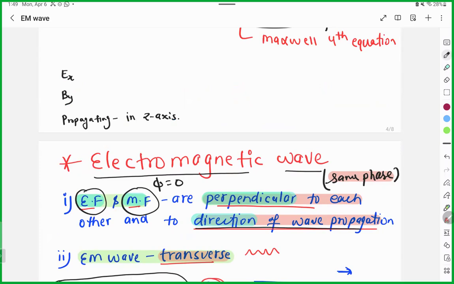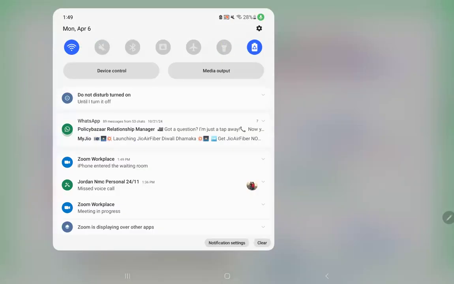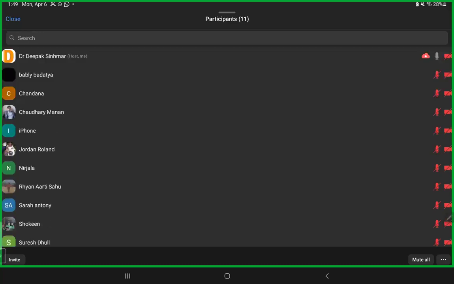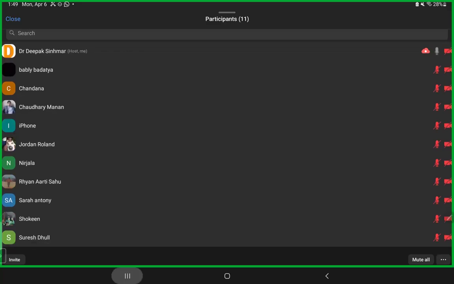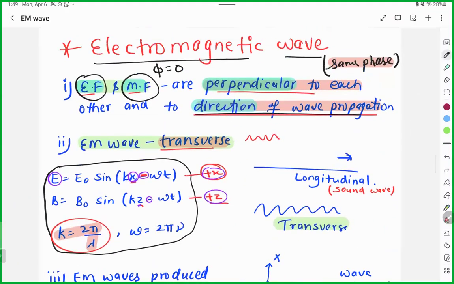Any doubt? This is the first property of electromagnetic waves: electric and magnetic fields are perpendicular to each other and perpendicular to the direction of propagation.